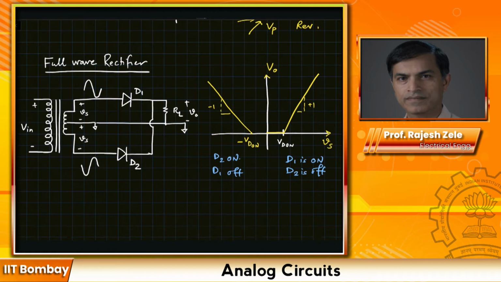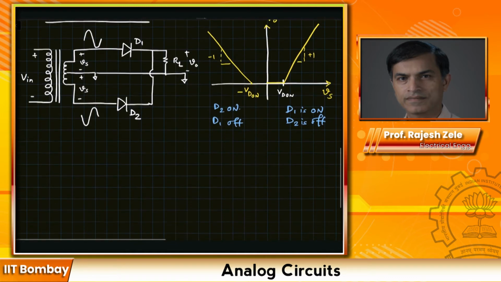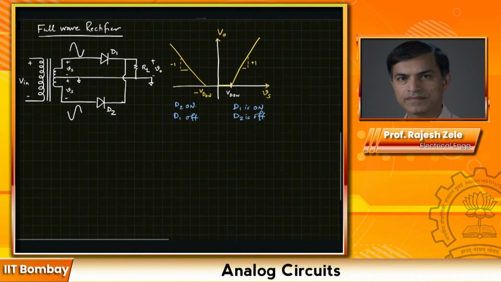When you want to analyze diode circuits, you have to start with a guess of which diode is turned on. Assuming that diode is turned on, you can come up with some potential numbers, and you have to verify again and make sure that the diode is actually turned on and there is current flowing through it.